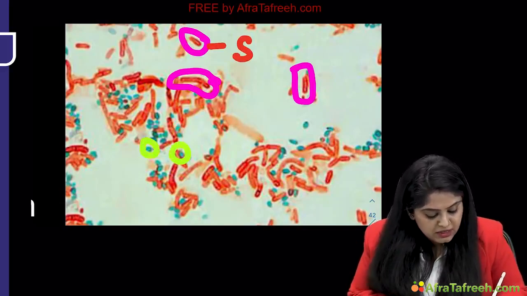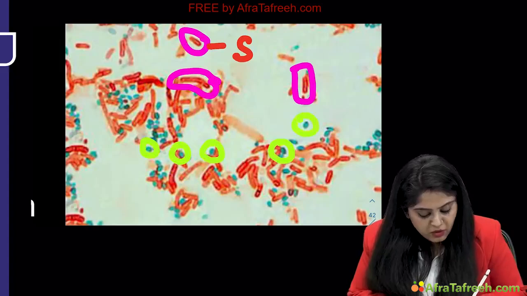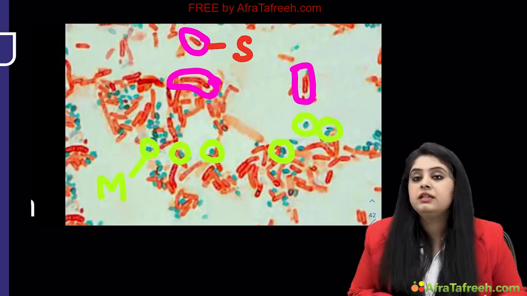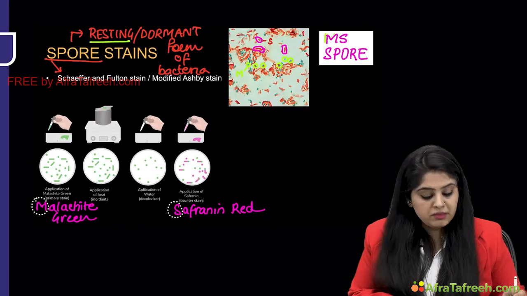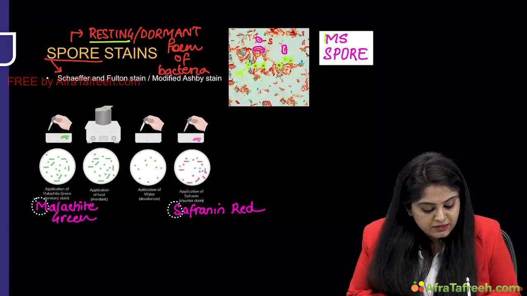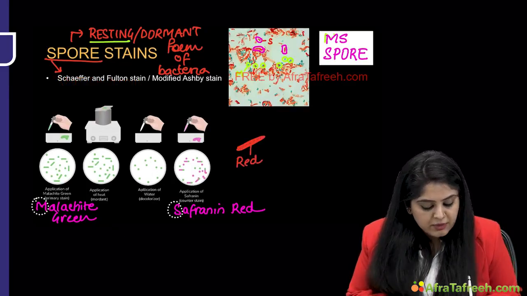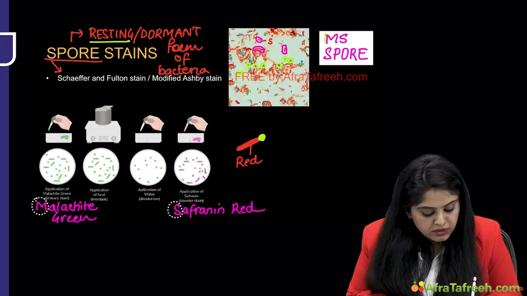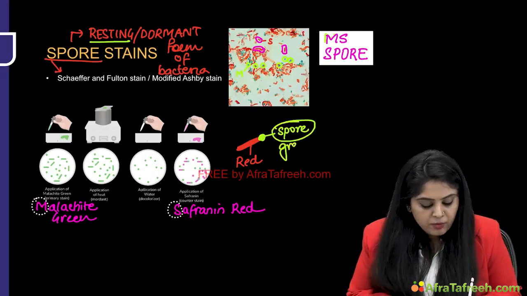Yes, I can see these green colored round sleeping organisms. These must have been the malachite green. So that is why I called it Miss Spore, because the bacteria is coming out to be red, so that is safranin red, and the spore is coming out to be green, and that is why I called it malachite green. I hope everyone is okay.